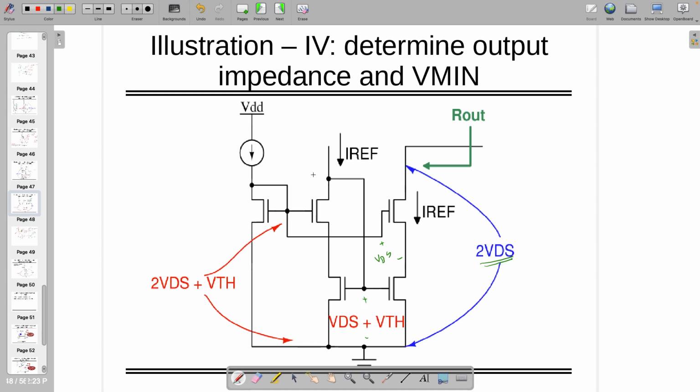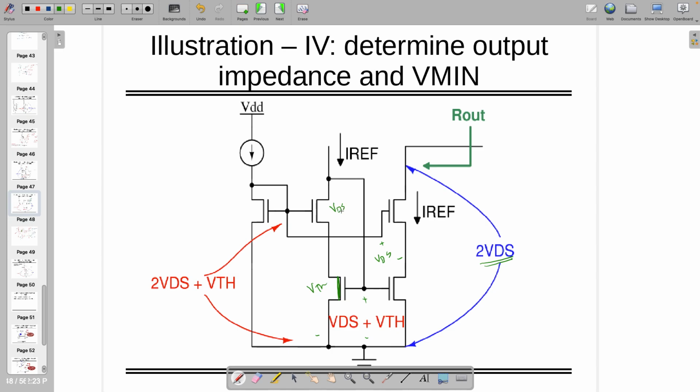In that case, this becomes VDS plus VTH. So if one of them is VDS, another is VTH, in that case that transistor has to be in depletion mode, or maybe the other way around. As I told you, it's you people who are designing this, so it depends on you.